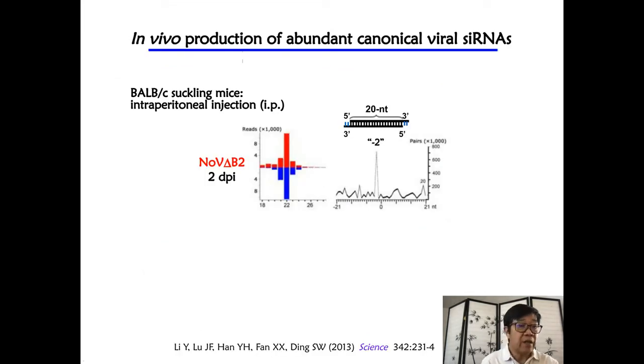Sequencing the total small RNA from Delta B2 mutant virus infected suckling mice revealed production of an approximately equal ratio of positive strand and negative strand viral siRNAs. These viral siRNAs are predominantly 22 nucleotides long and enriched for the canonical siRNA duplexes, indicating that Nodamura viral siRNAs are processed by Dicer from the viral dsRNA replicative intermediate.